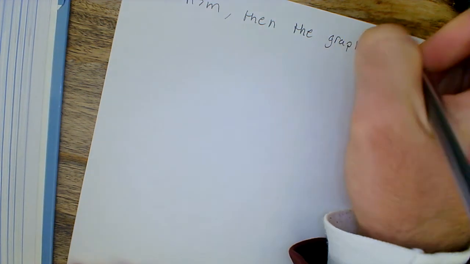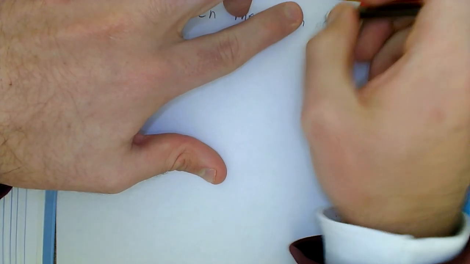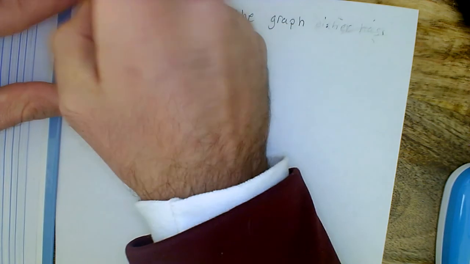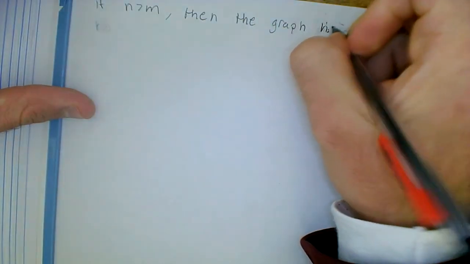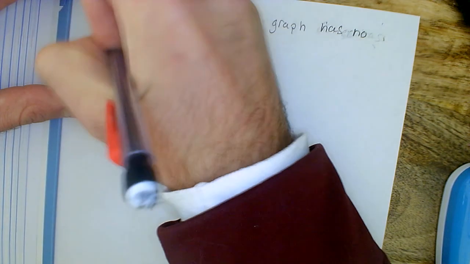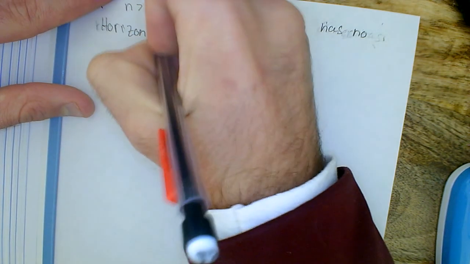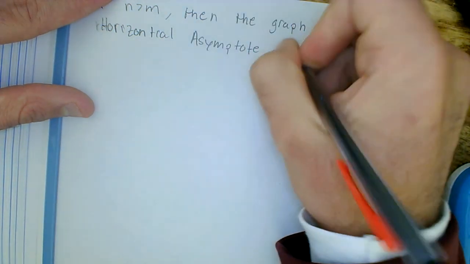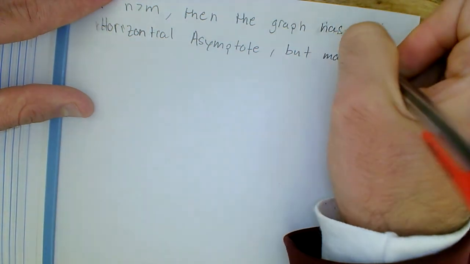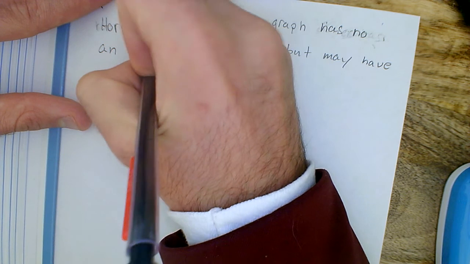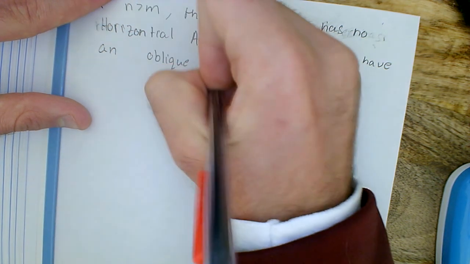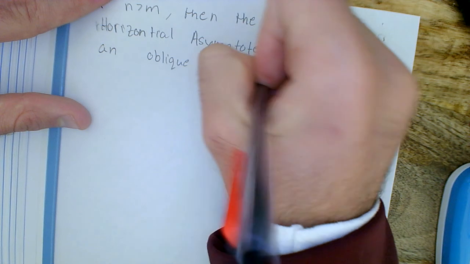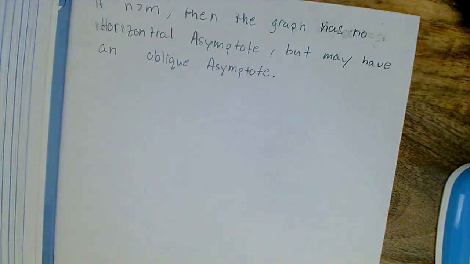the graph has no horizontal asymptote, but may have an oblique asymptote.